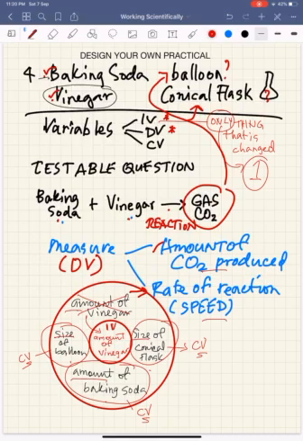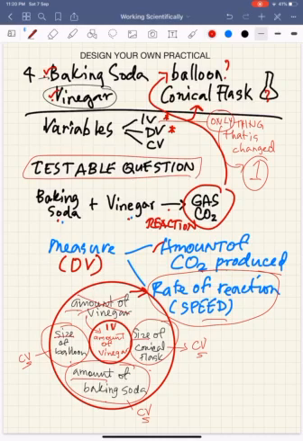Let's choose which dependent variable you want to do. Let's say you want to measure the rate of reaction. So how will we write the testable question now? I want to change the amount of vinegar, and I want to measure the rate of reaction.